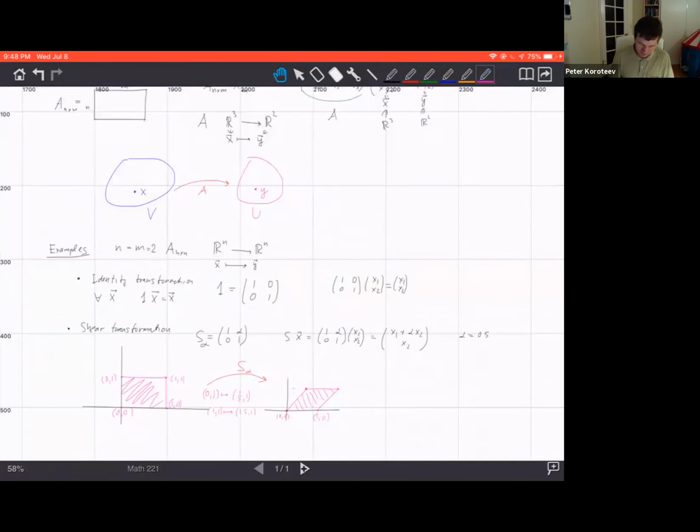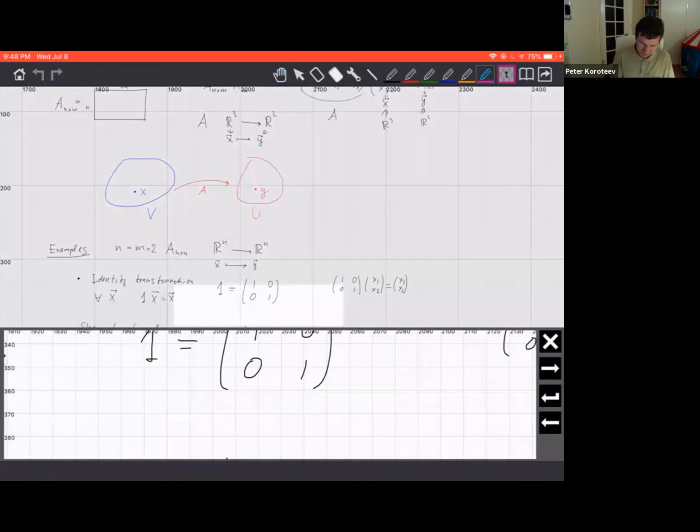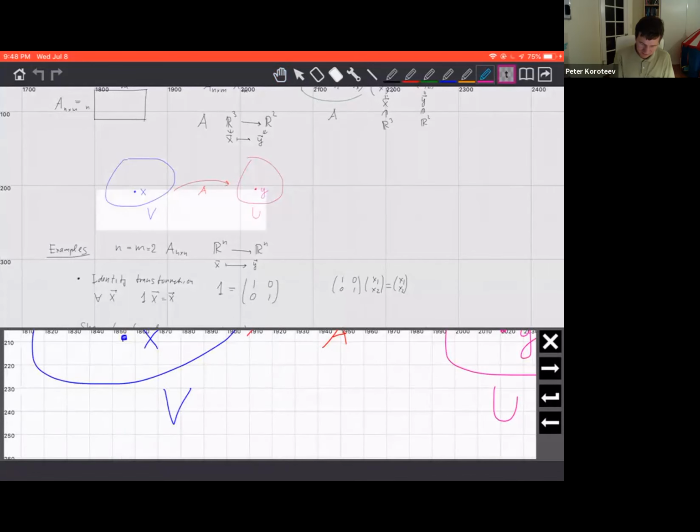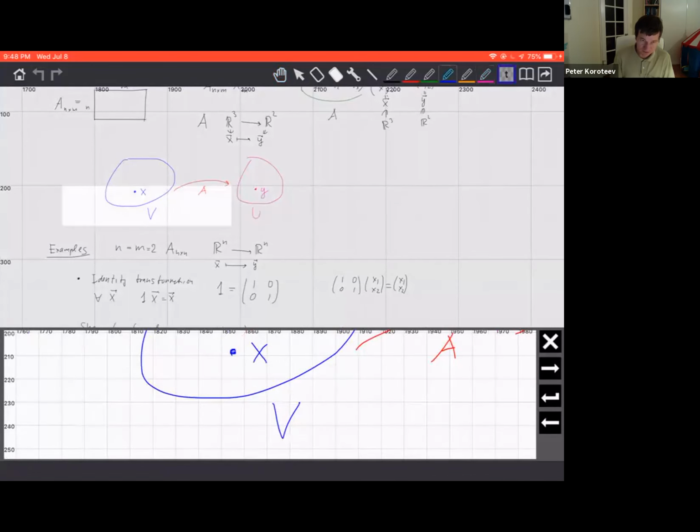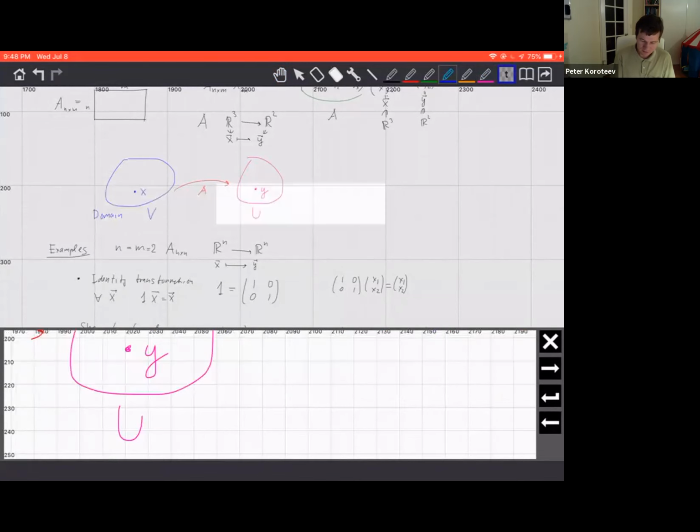Okay, so we're running out of time, but before I go, I'm going to mention some terminology here. If you have a transformation like this, then this set V is called the domain. It's the same as with functions. So it's the domain of A. U is called the codomain.